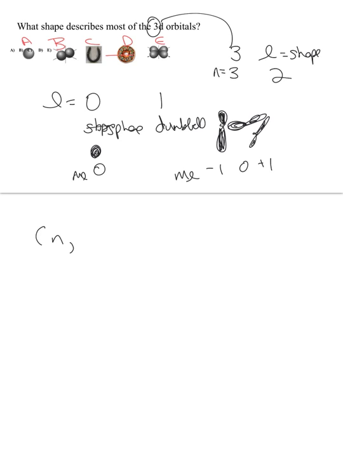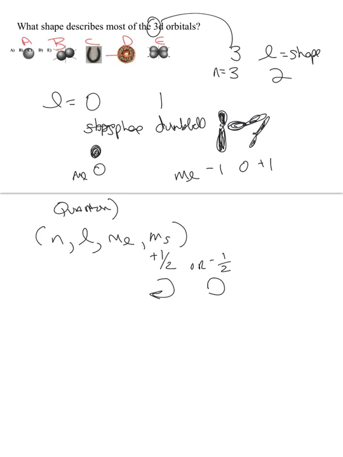Remember, you have quantum numbers that tell the address, or distinct definition, of that electron: n, l, m sub l, and then m sub s. And this is your spin. It's either +½ or -½, because it's either clockwise or counterclockwise.